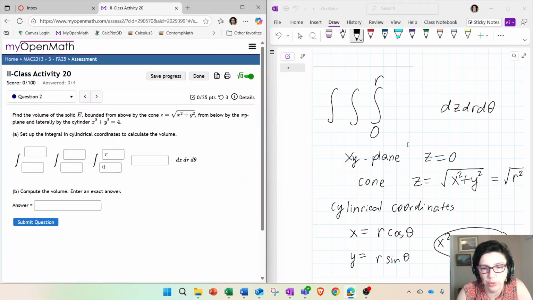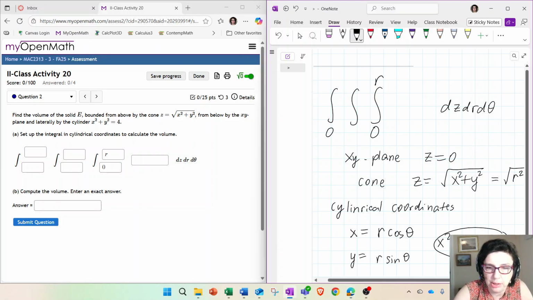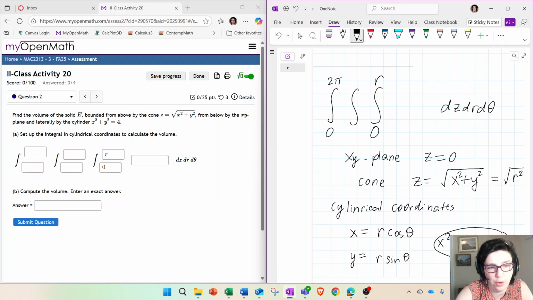Well, we know how to do that using polar. So theta, because it's a whole circle, is 0 to 2 pi. And then the radius here comes from the circle x squared plus y squared equals 4. That means the radius is 2, so it goes from 0 to 2. If you don't remember how to do that, go back to the polar coordinates section and look at that.